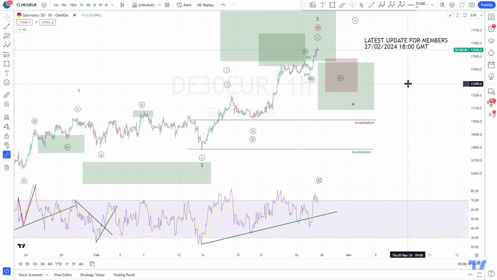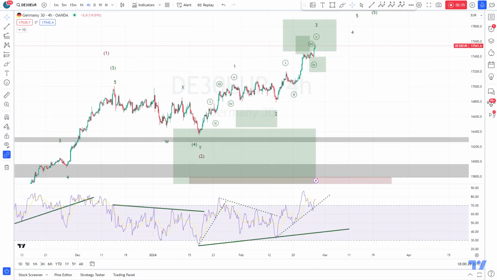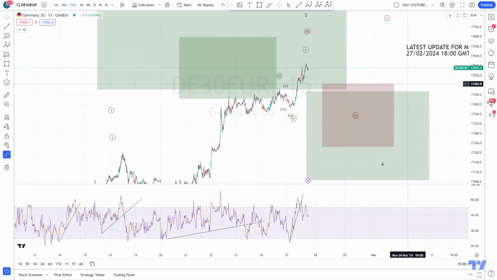Let's have a closer look at the 15-minute. What exactly do we see there? So here in the 15-minute, from the low right here, we started a new cycle. Two possibilities. Indeed, we can count here 5 waves up. So 1, 2, 3, 4, 5, ending with divergence.